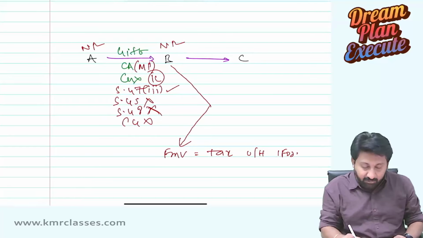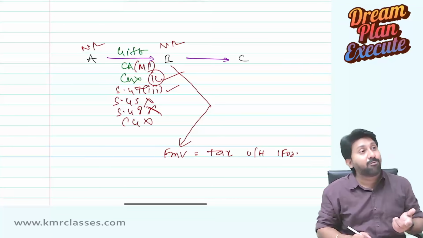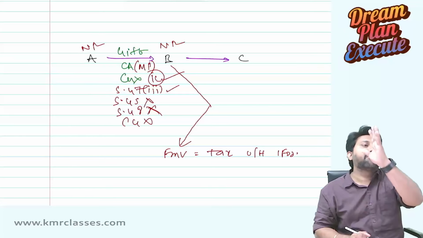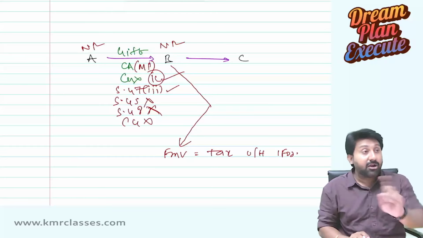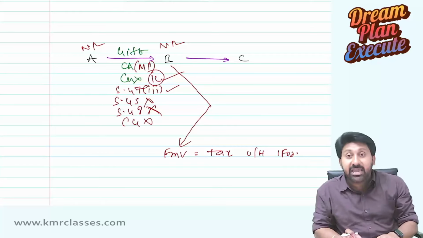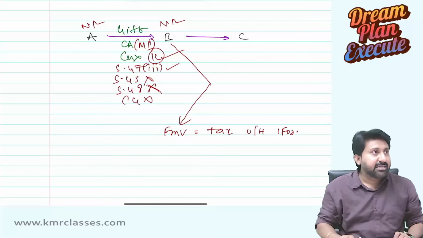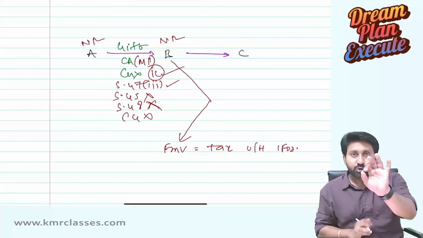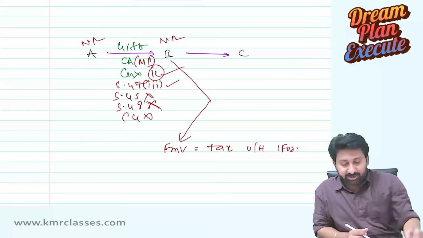Now tell me, what is the FMV? 1 lakh, which is more than 50,000. Then the entire 1 lakh will become taxable in the hands of B under the head IFOS, not under capital gains. Though A is not getting taxed, B is subjected to tax now. The story doesn't end here. Now the question.